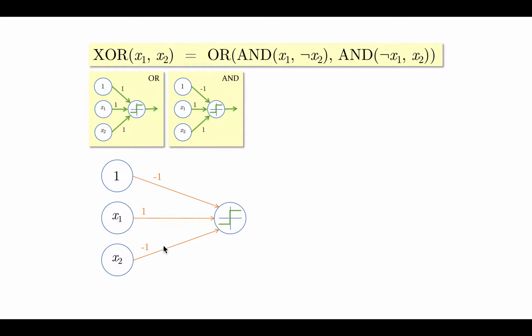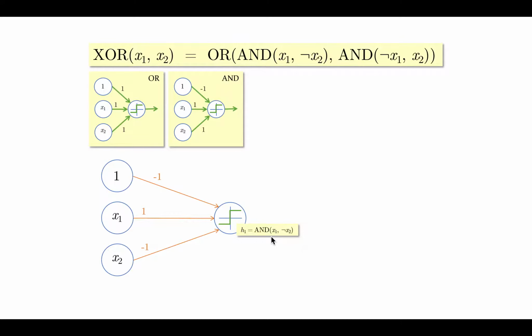So that's an AND happening. An AND was supposed to be minus 1 1 1, but I want AND of x1 and not x2, so I put a minus 1 here. So that x2 becomes minus 1, and then I'm doing the AND.